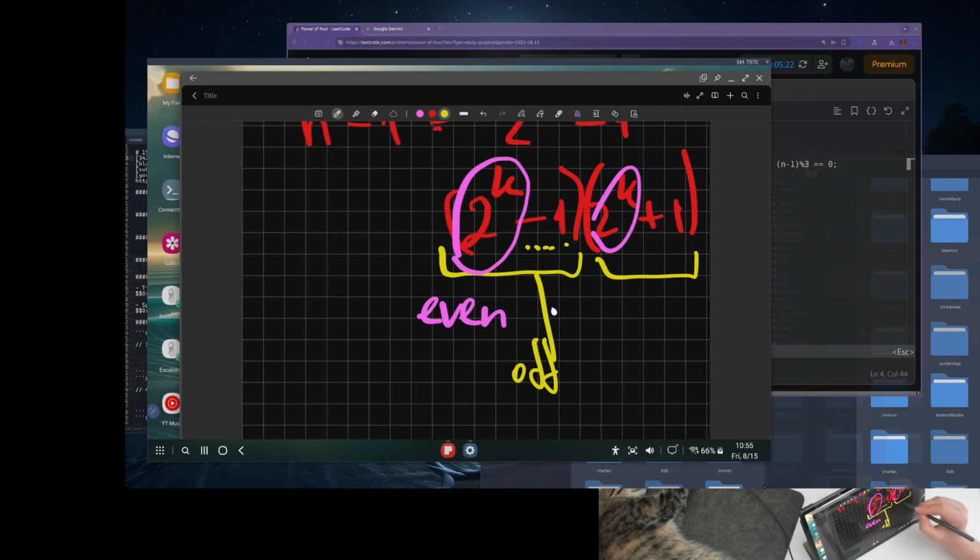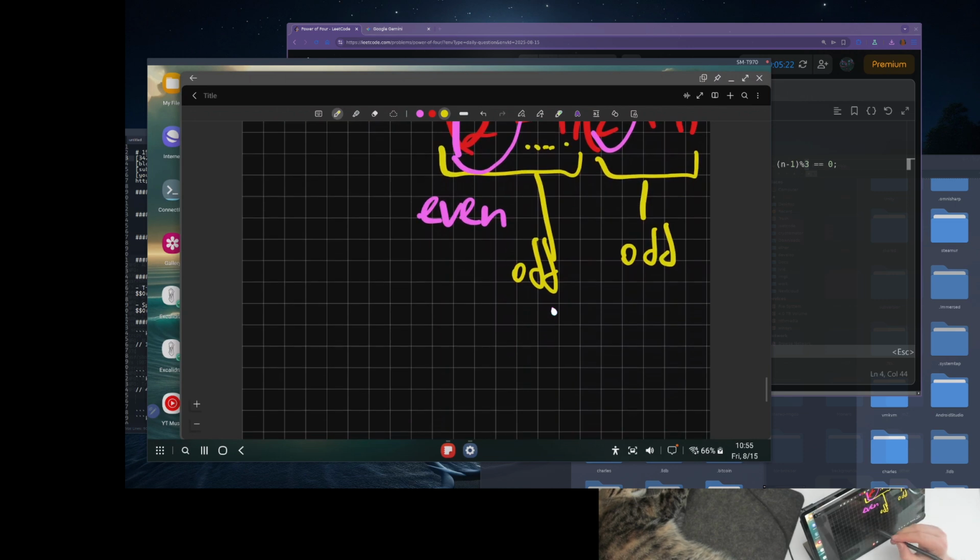And this number is also odd. So this becomes odd, even, and then again odd.